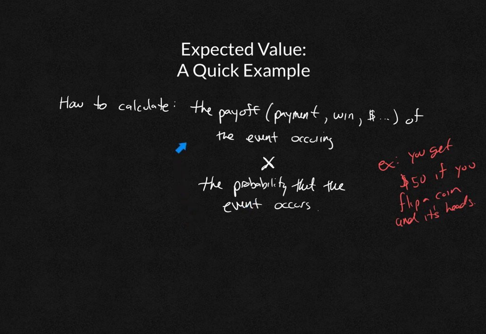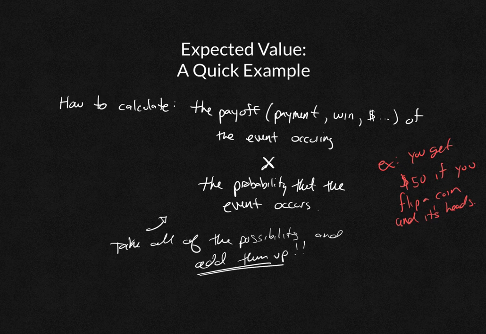Now you do this exact same thing for every event that might occur. If we do this with a coin flipping heads, we would also have to do it with a coin flipping tails. So you take all of the possibilities and add them up.